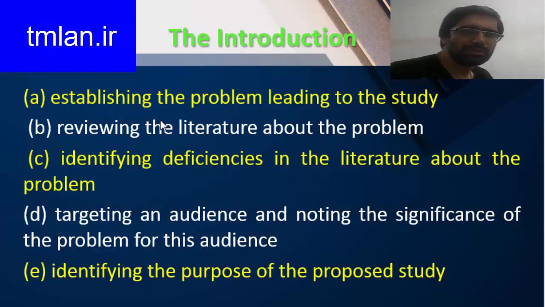The discussion turns to the five components of writing a good introduction: first, establishing the problem leading to the study; second, reviewing the literature about the problem; third, identifying deficiencies in the literature about the problem; fourth, targeting an audience and noting the significance of the problem for this audience; and fifth, identifying the purpose of the proposed study.